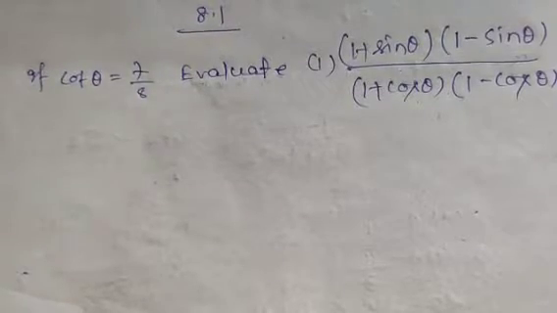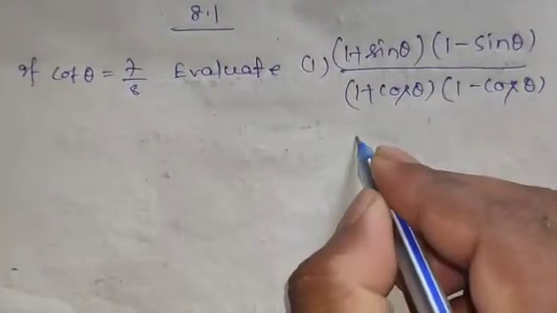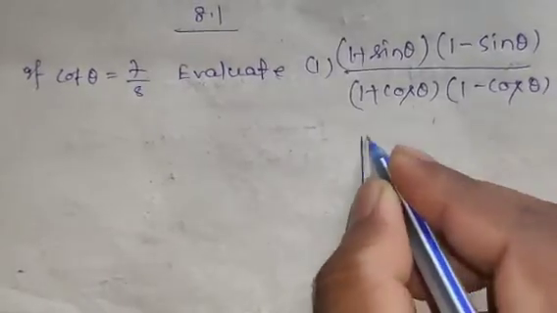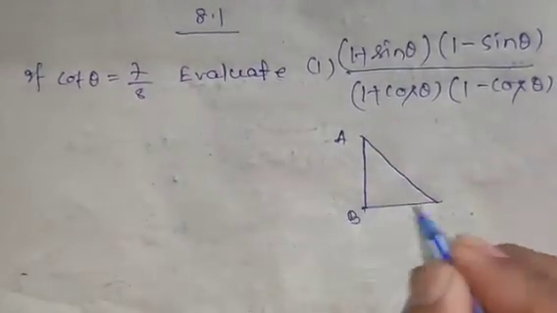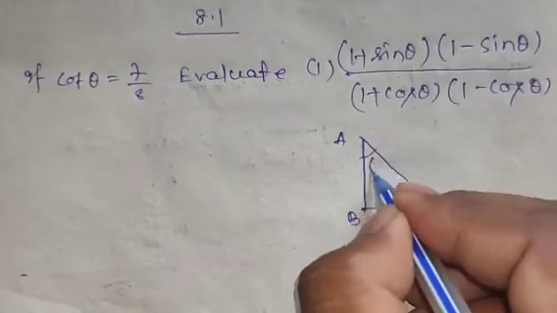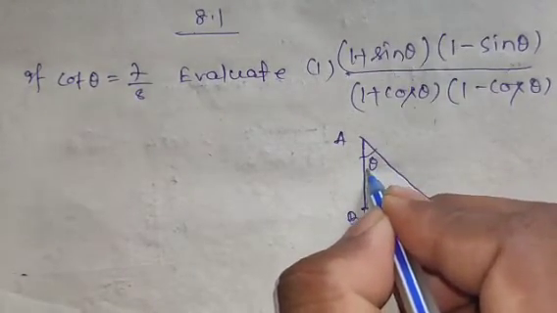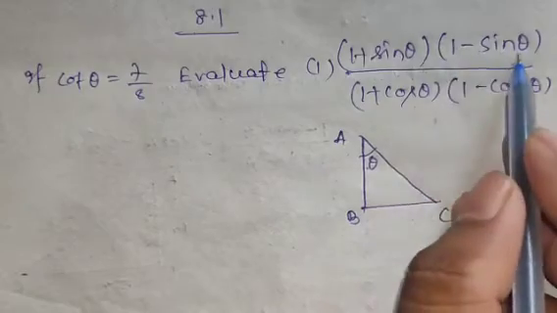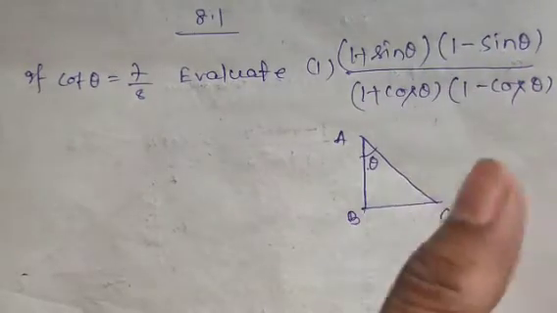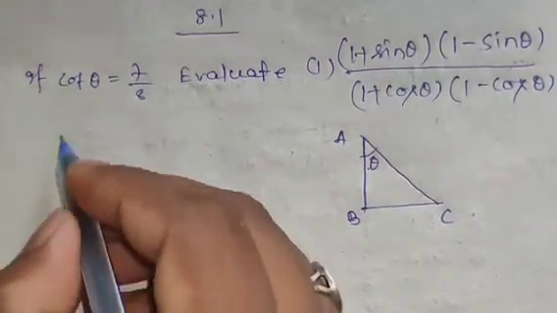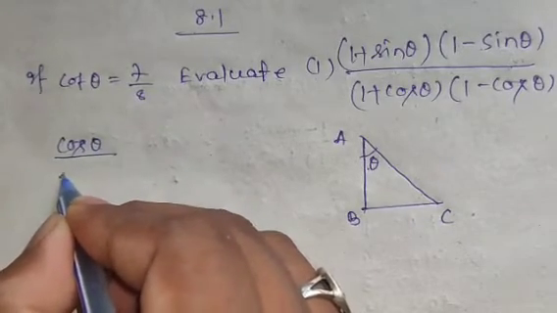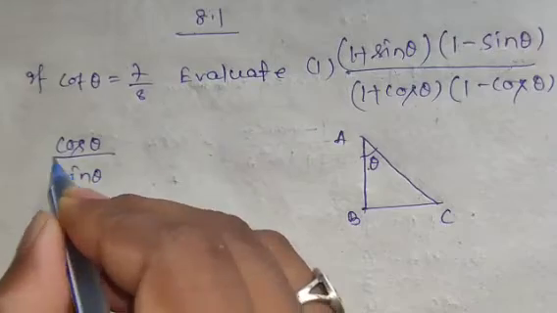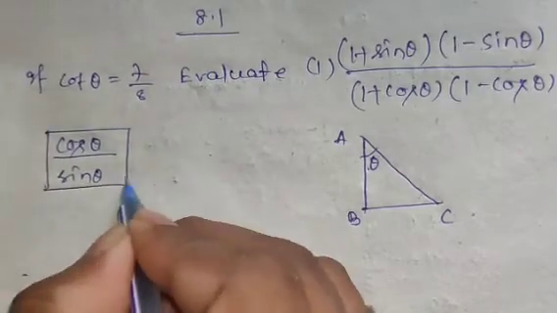So before we go further, we have to draw a figure. Let a triangle ABC where this is theta. Here sin theta and cos theta are given. So we know cot theta is equal to cos theta divided by sin theta, right? So we will not consider this.